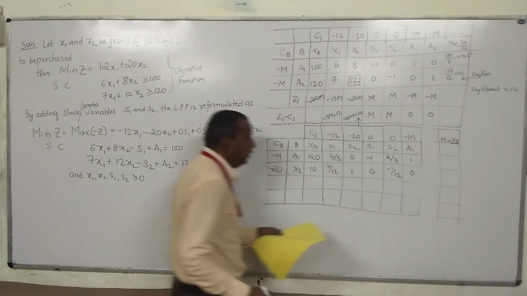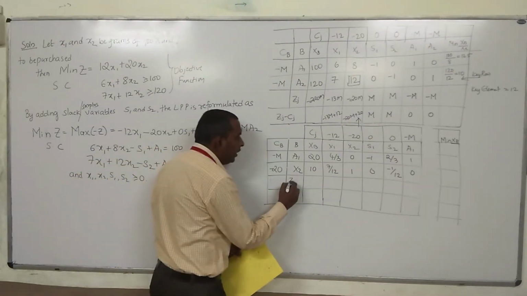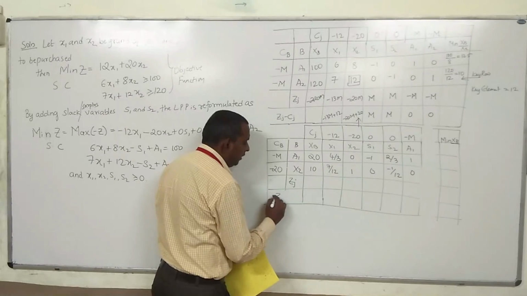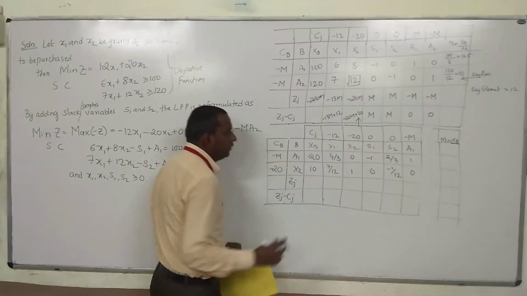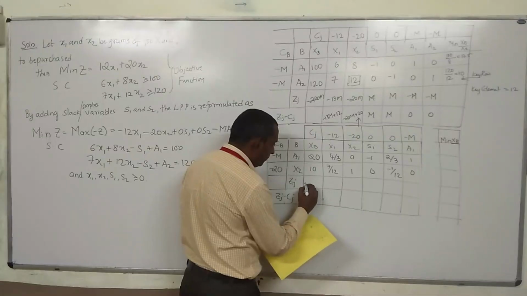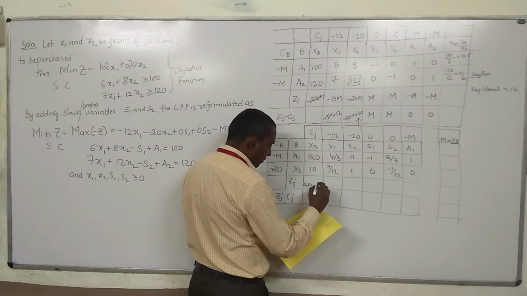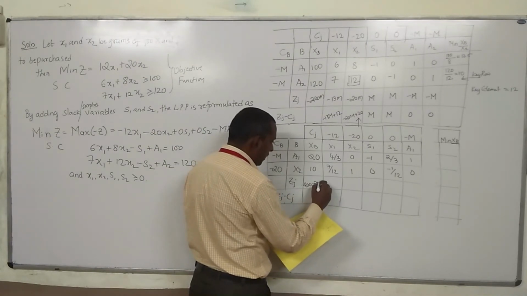Fine. As we have found these values, we need to calculate Zj, then Zj minus Cj. So here it is 200 minus 20M.